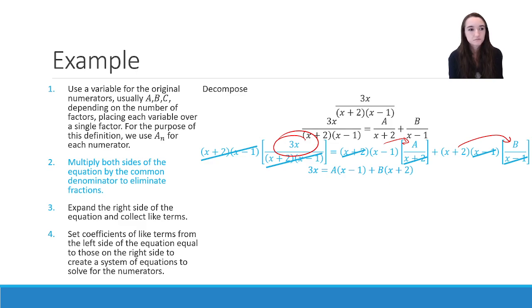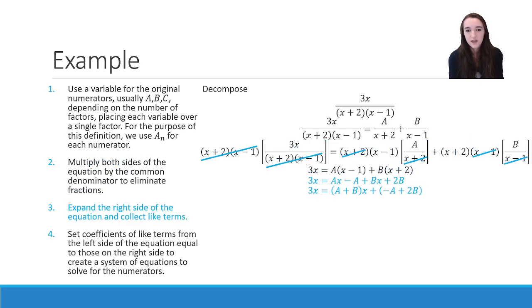Next, I am going to expand the right side of the equation and collect like terms. In other words, I will multiply my A in, so I get Ax minus A, Bx plus 2B. Then combining like terms means I pull my A's and B's together when they are next to x, and my constant terms, the numbers that are not next to an x, are also pulled together, and then we separate them into parentheses.